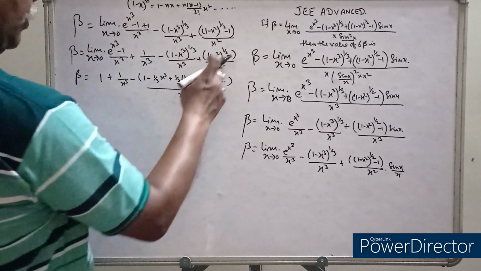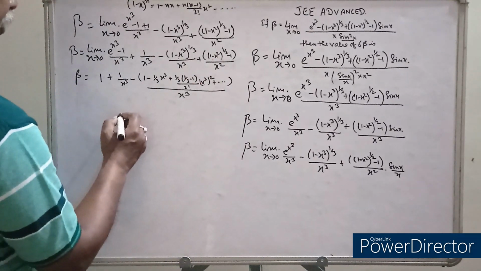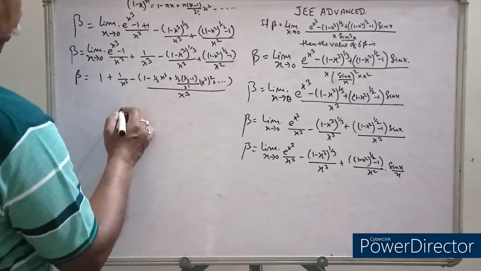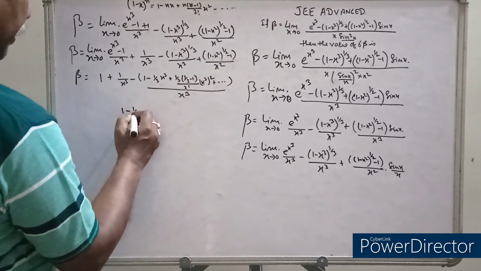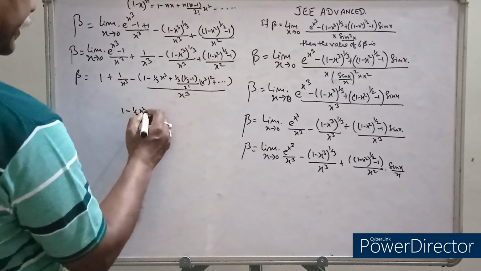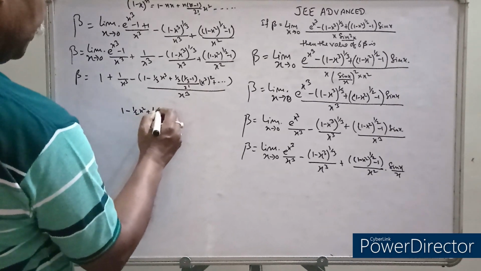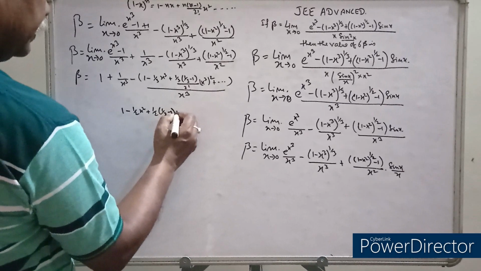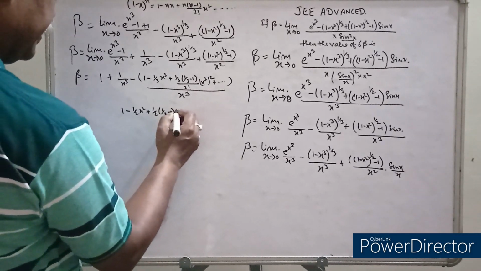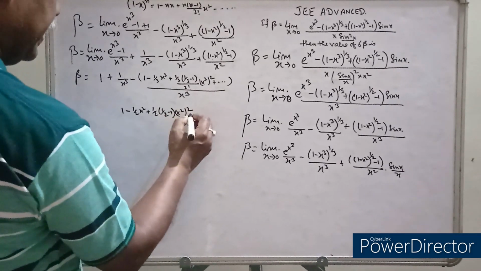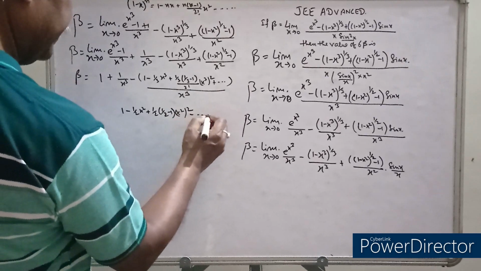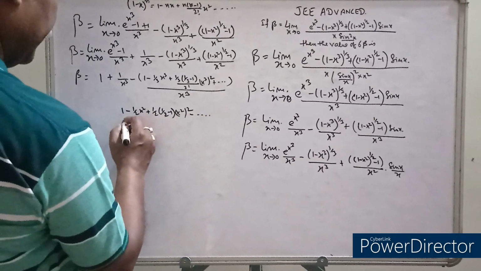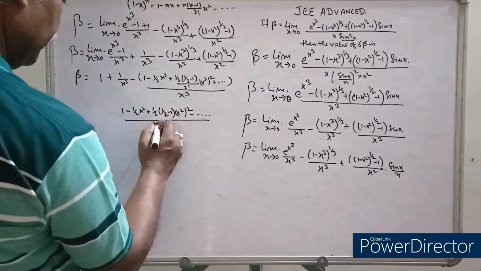And similarly for this, your binomial expansion will be 1 minus 1 by 2 x square, and again 1 by 2 into 1 by 2 minus 1 by 2 factorial into x square the whole square, and it will go like this, divided by x square.